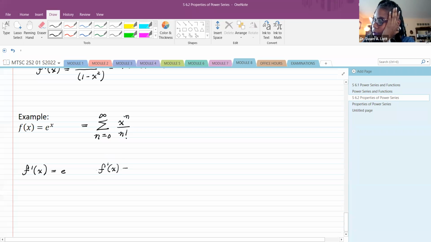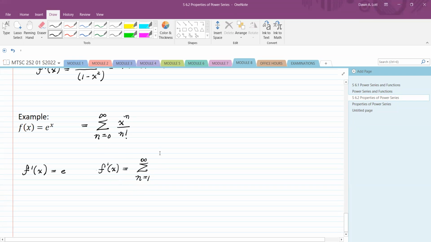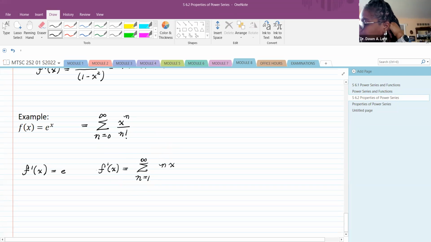So if I differentiate this, I get the sum n equals 1 to infinity. Remember, anytime you differentiate, you start at the next level. So x to the n becomes n x to the n minus 1, and this is over n factorial.